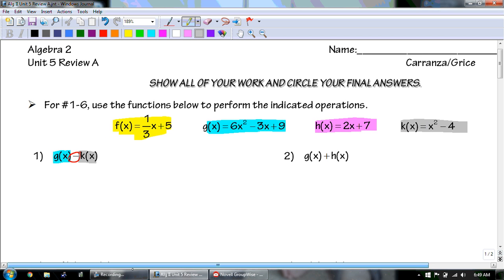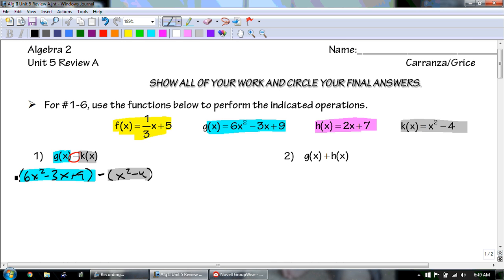Okay, so when we do that, we always start with parentheses. So we have 6x squared minus 3x plus 9, and I'm going to subtract x squared minus 4. There's k of x, there's g of x. Now, to get rid of the parentheses, I need to distribute.